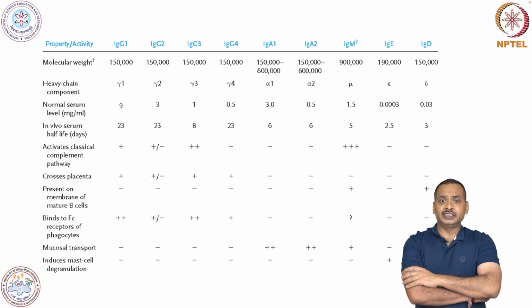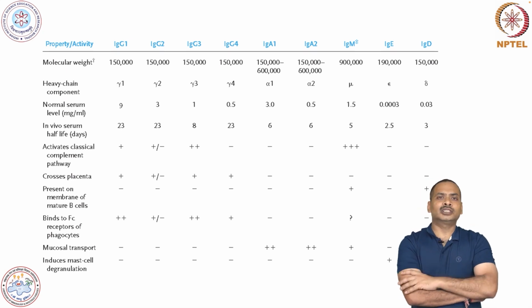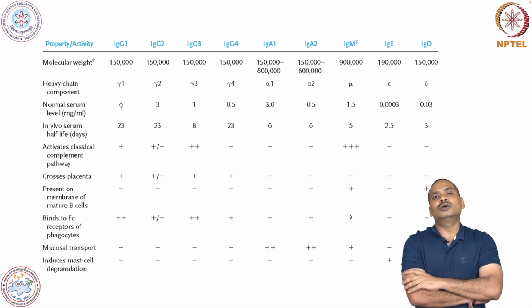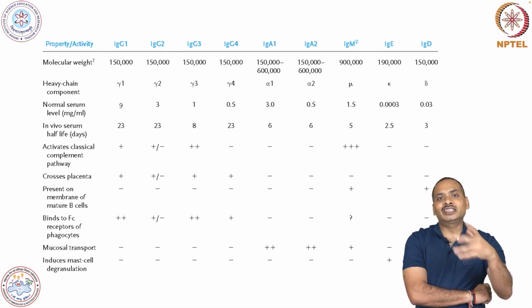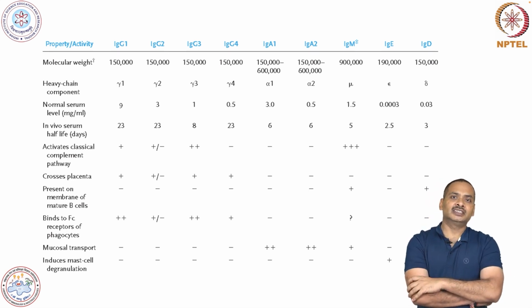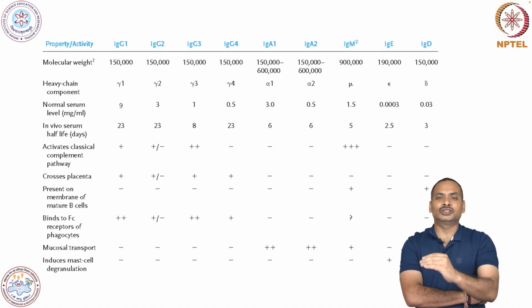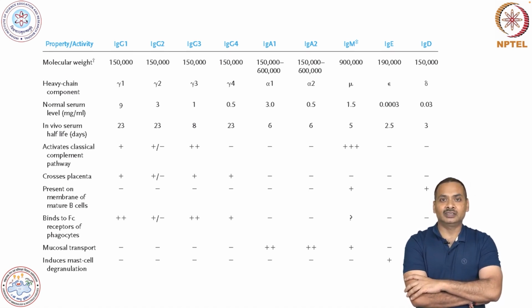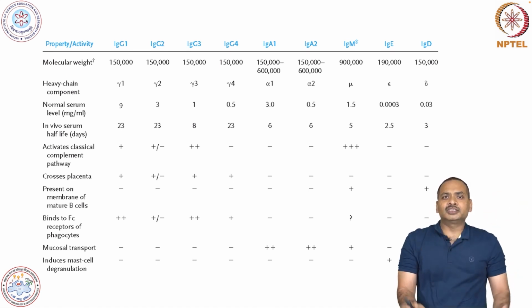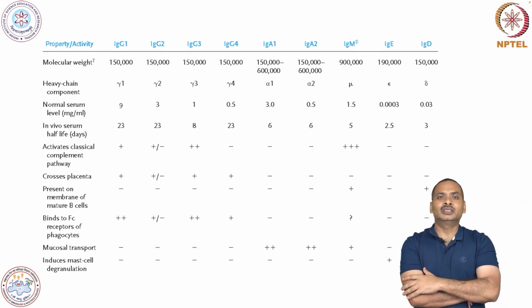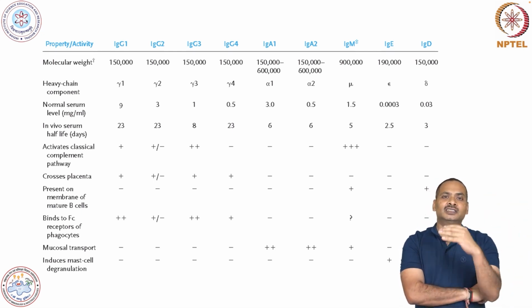In addition, IgM can also be transported to some extent, and IgE is the only one which can activate mast cell degranulation. You know that not only mast cells, eosinophils can also be degranulated. So this is the overall summary of all different types of antibody, their structure as well as function.